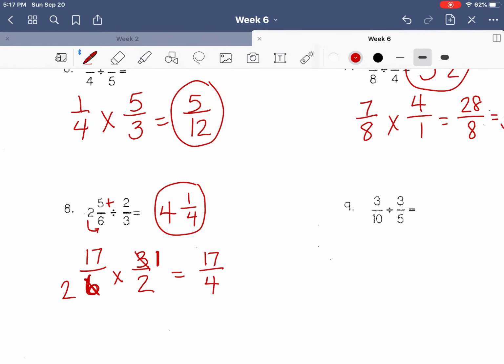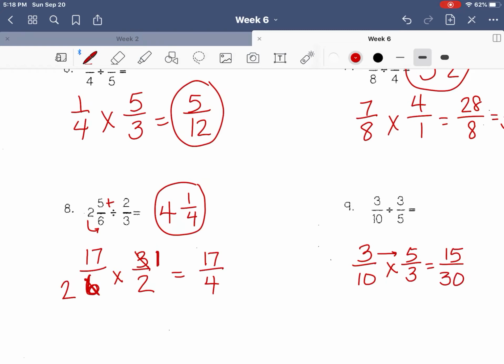And then, finally, 3/10 divided by 3/5. Keep, change, flip. I really want to simplify this first, but I won't, just because I know it confuses some of you. 3 times 5 is 15. 10 times 3 is 30.